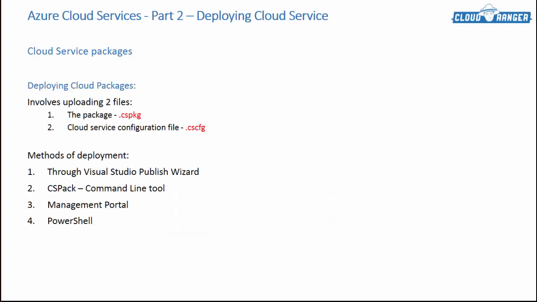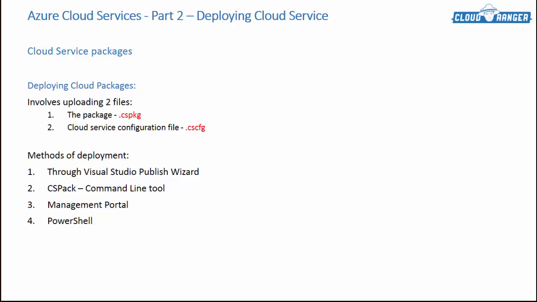So anytime someone talks about deploying to a cloud service, what they basically mean is uploading a couple of files to a cloud service. When you are uploading to cloud services, there are two things you're uploading. You're uploading a package and you're uploading a cloud service configuration file.